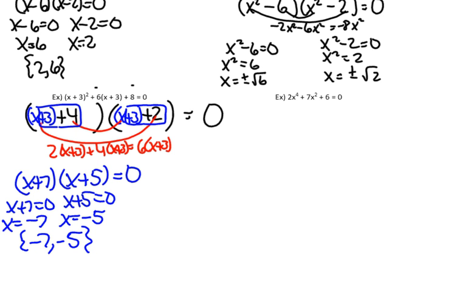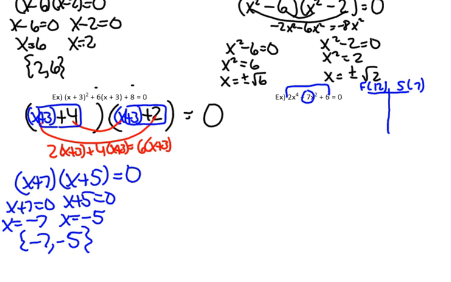Now, let's take a look at 2x to the fourth plus 7x squared plus 6 is equal to 0. So again, remember, this problem is different because the leading coefficient is not 1. So we're going to do the factor by grouping method. If you recall, I'm going to take 2 times 6, so that's factors of 12 whose sum is a positive 7.